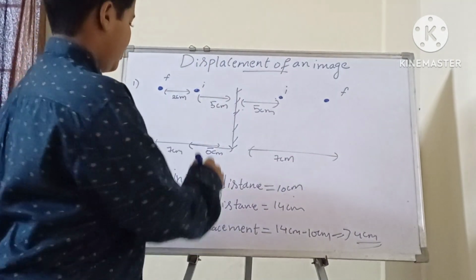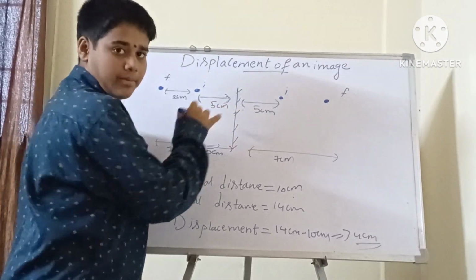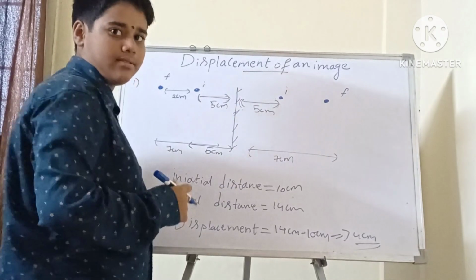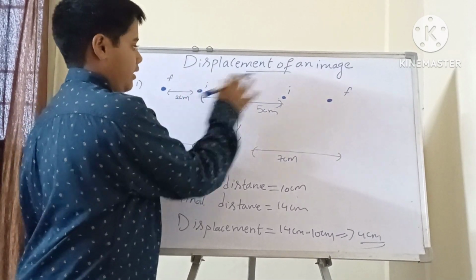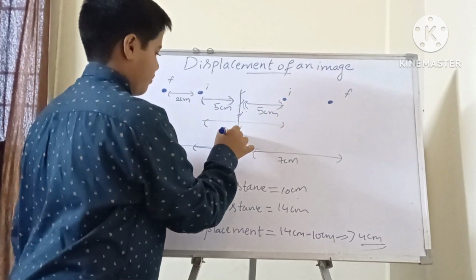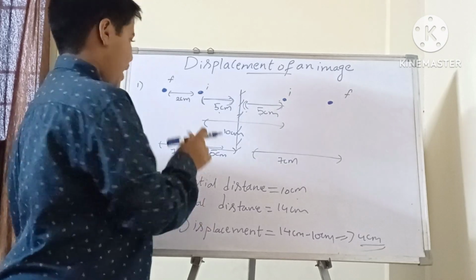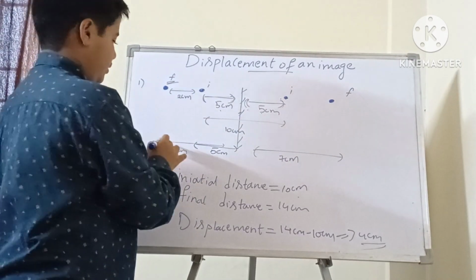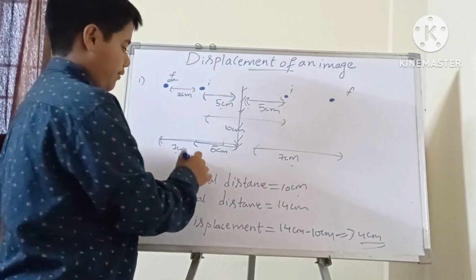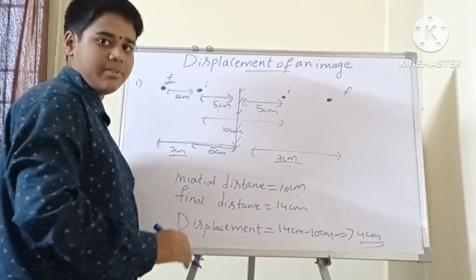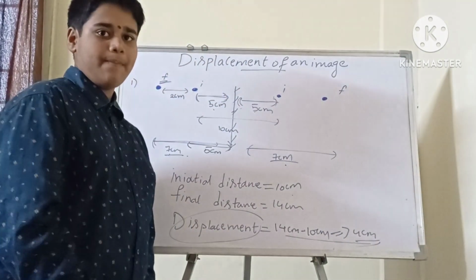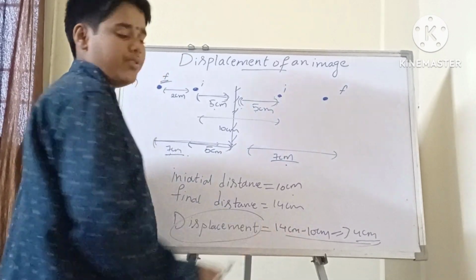How do we find it? The object distance from the mirror is 5 centimeters and the image distance from the mirror is 5 centimeters. So the distance between the object and image at the initial position is 5 plus 5, 10 centimeters. And this is the final position. This distance is 7 centimeters and this is also 7 centimeters, so the final distance is 7 plus 7, 14 centimeters. So the displacement of the image is 4 centimeters, final position minus initial position.